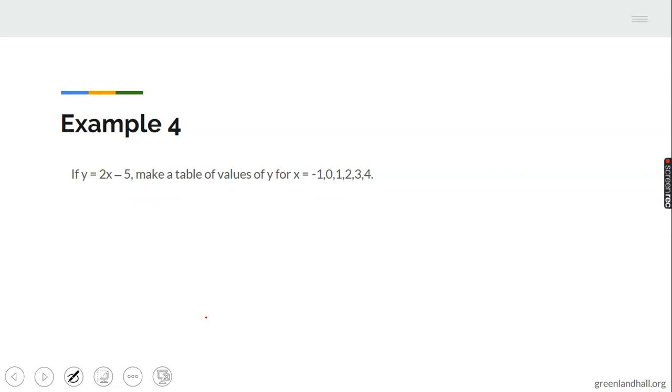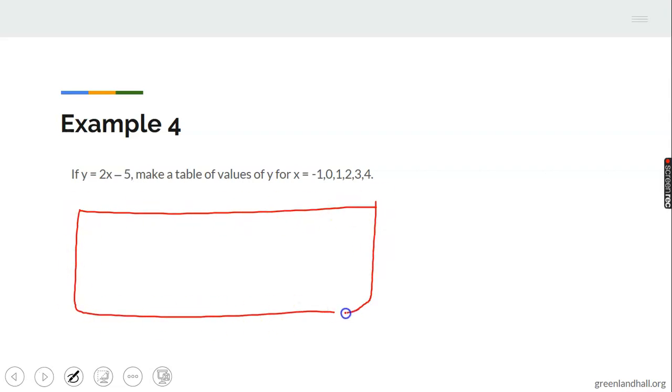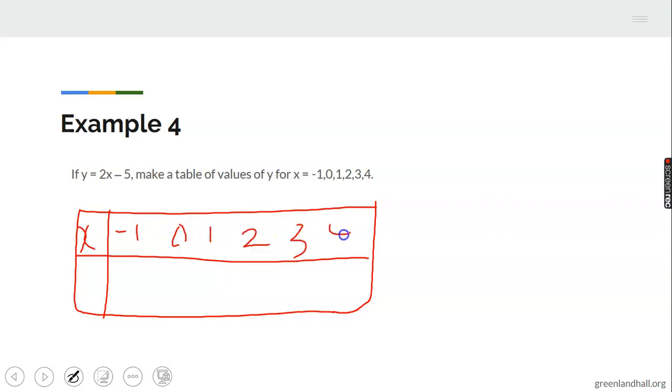The next one is, if y equals 2x minus 5, make a table of values of y for, okay, I will do this one. What do we have? This is x. X is minus 1, 0, 1, 2, 3, 4.